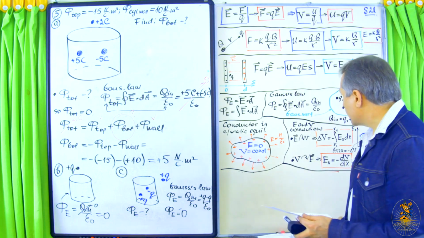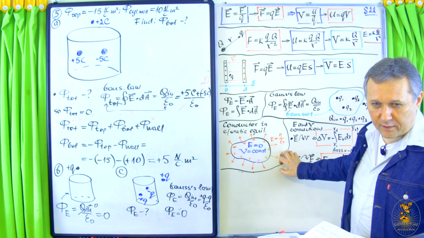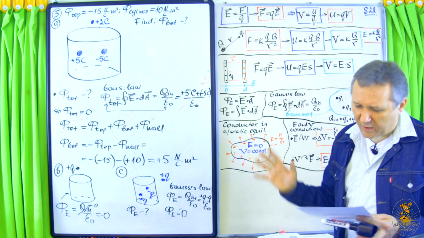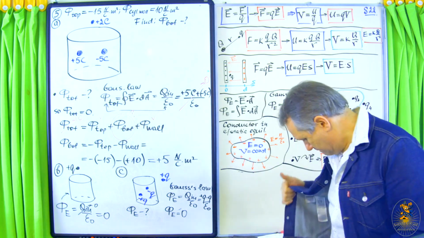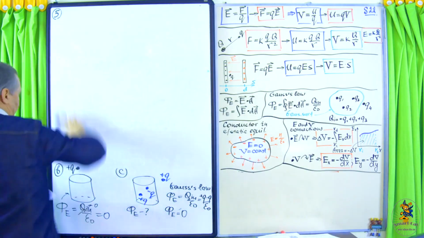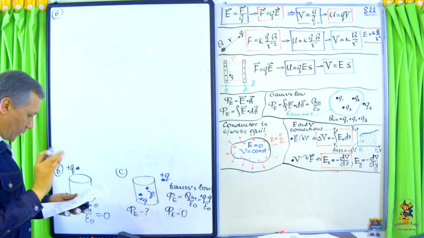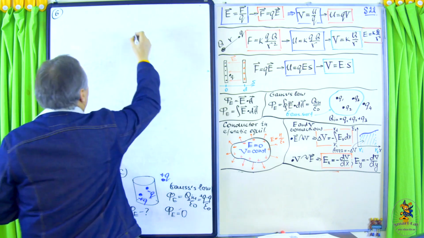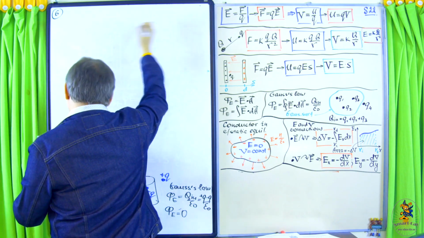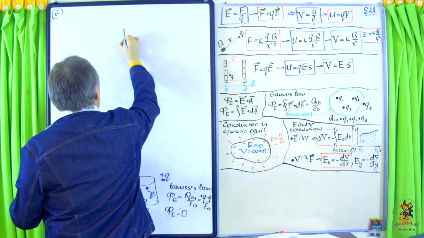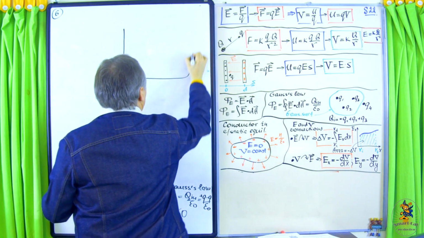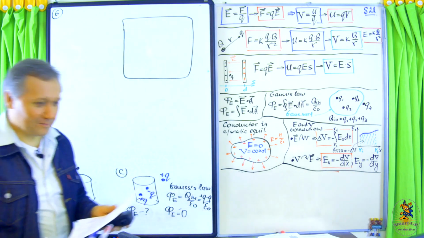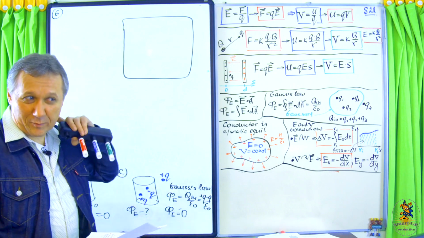Now, properties of conductors. Let's say a few words about them. I prepared a couple of problems, more conceptual. Let me start with this question. I drew a conductor of this shape, not a rectangle, but with round corners.